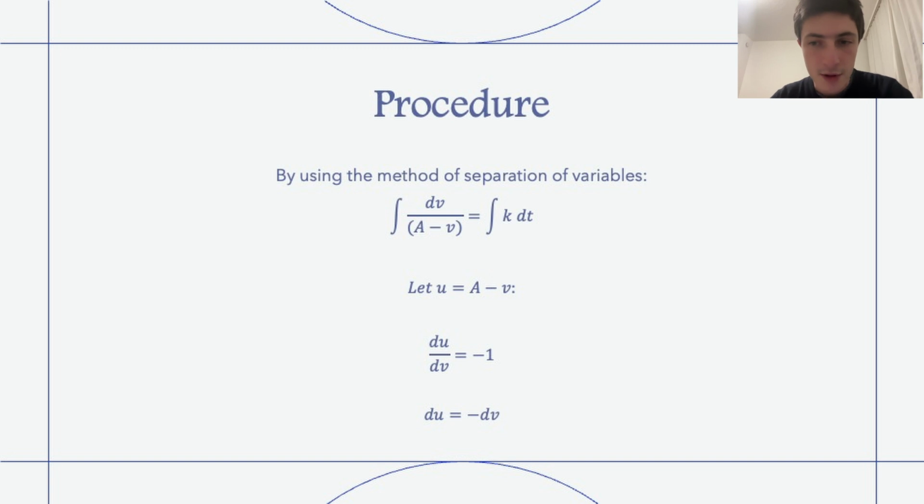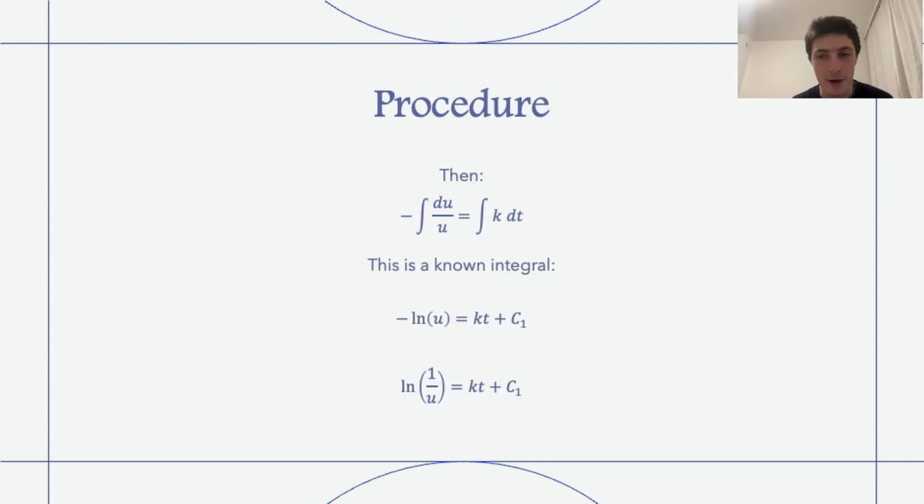And we can use the method of separation of variables. So this means that you can bring all the values that include v on one side and all the values that include the t on the other side, and we let u equals a minus v in order to solve this really simple integral, which then gives you du is equal to minus dv.